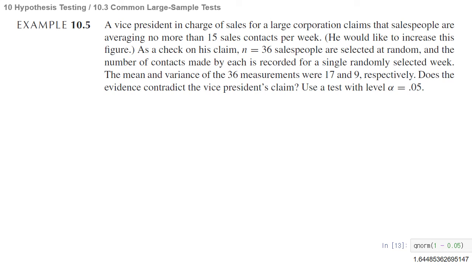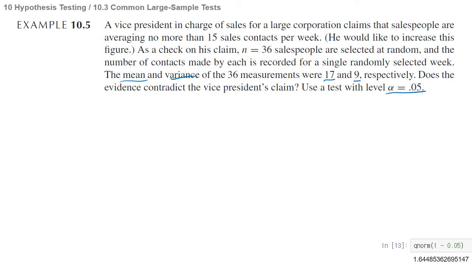The mean and variance of the 36 measurements were 17 and 9, respectively. Does the evidence contradict the vice president's claim? Use a test with level alpha equals 0.05.